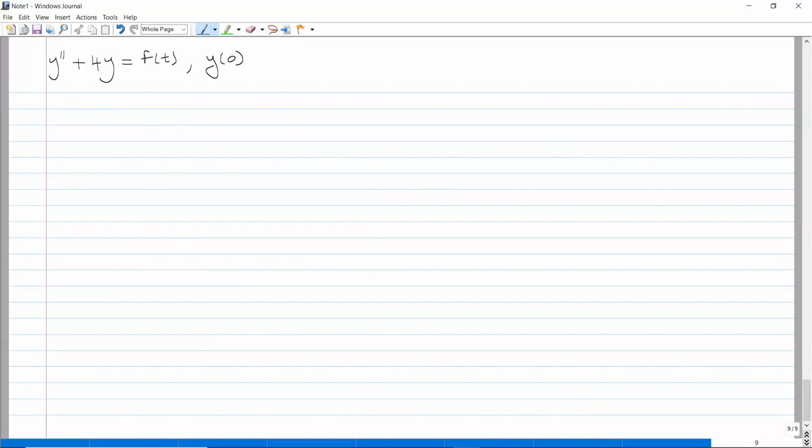Initially, the system is at rest. So both the position and the velocity are 0.